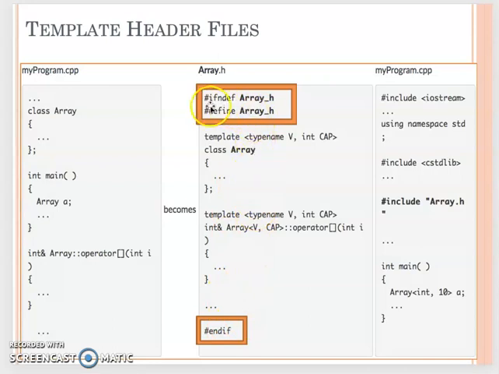Usually it will be ARRAY_H, and usually we use all uppercase, so here we should change to all uppercase, but you can decide how you want to do it. We say if not defined, because here we define the name. If this ARRAY_H has never been defined, so the compiler has never seen it yet, good, then we just define ARRAY_H.